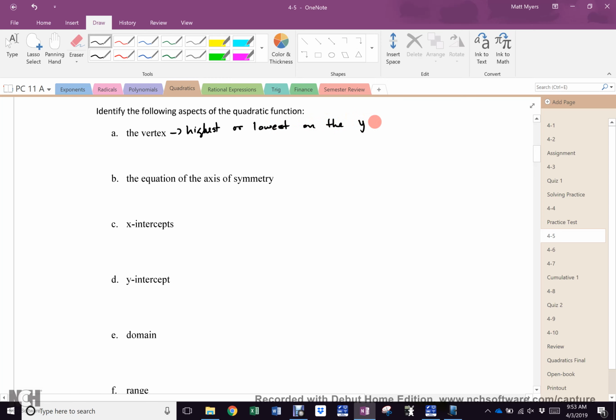On the y-axis. Always. All right? If it's a red parabola, it would look like this. Right? Somewhere through the y-axis. Cool? And if it was a green parabola, it would look like that. And there with the vertex.